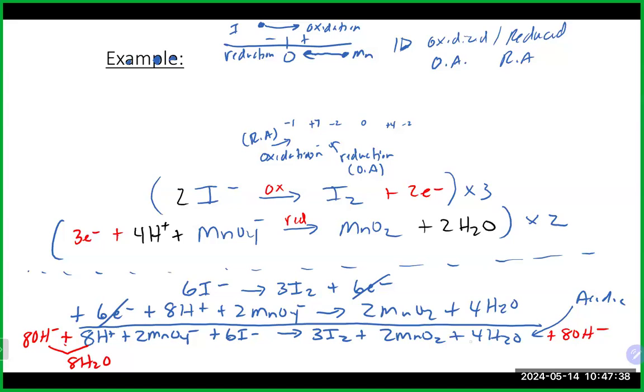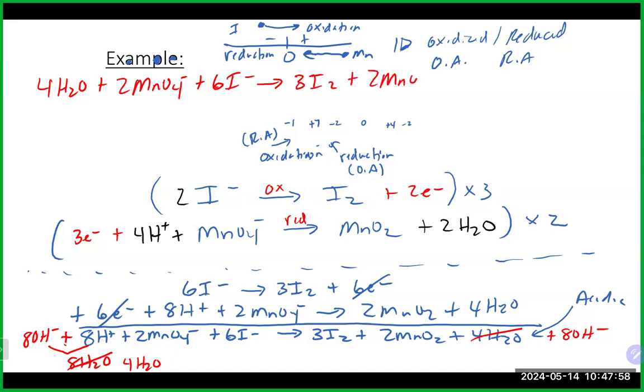And we can reduce that down by crossing it off there, kind of like subtracting. And that's going to leave us, I'll rewrite up on top here, 4 waters on the left, plus 2 MnO4 minus, plus 6I minus, goes to 3I2 plus 2 MnO2 and 8 OH minuses.